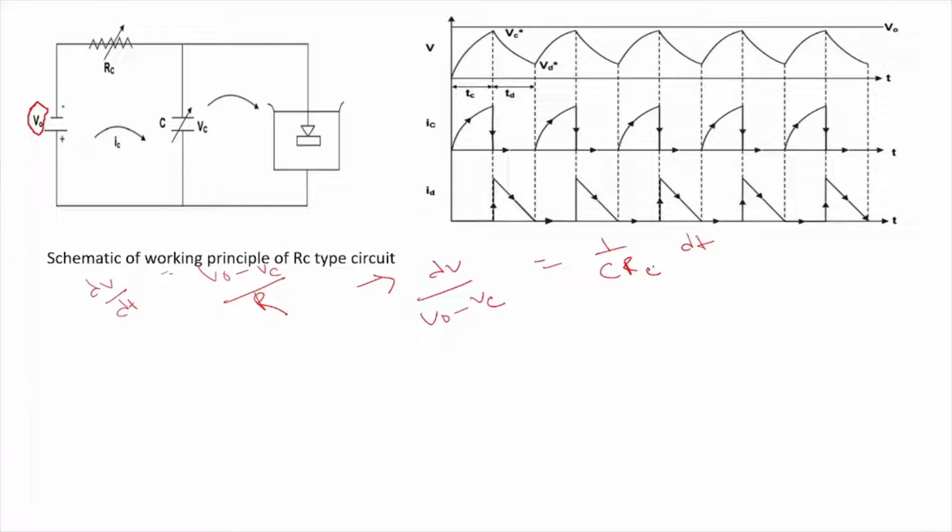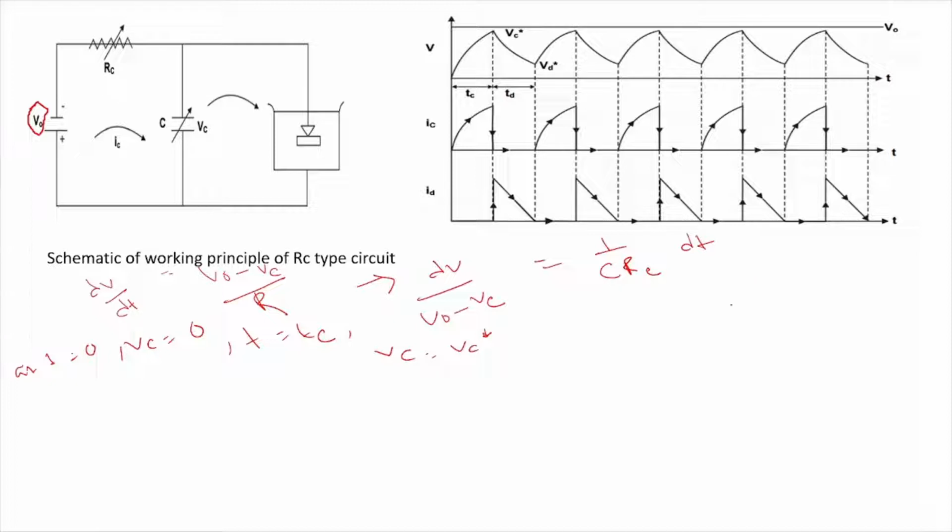Now, for the starting condition, we write that at t equals 0, VC equals 0, and at t equals TC, VC equals VC star, that is the varying voltage.